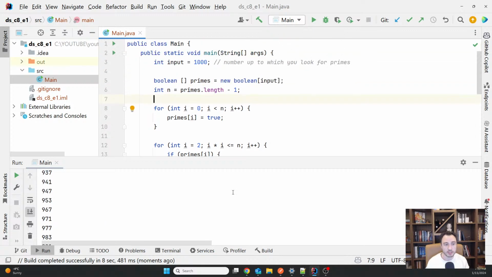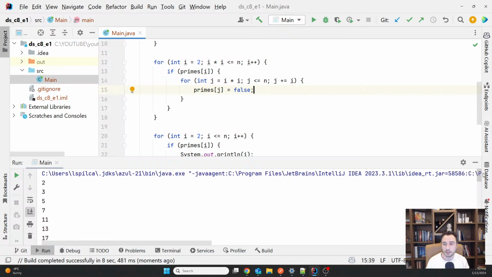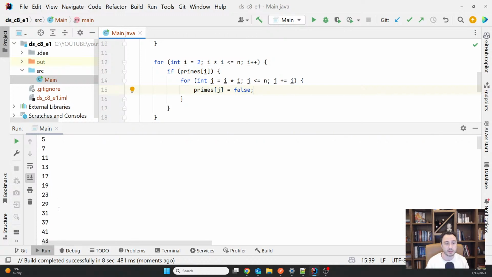So that actually means that anything that's a multiple of a prime number will automatically be non-prime. And then you can see here that only prime numbers remain: 2, 3, 5, 7, 11, 13, 17, and so on and so forth. All of these are the prime numbers, because what we did was eliminate the non-primes.